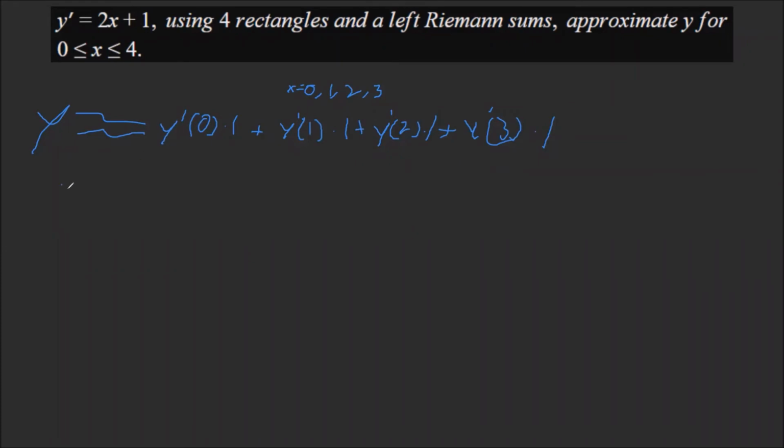So y prime of 0 is 1, plus 3, plus 5, plus 7. Okay, so y on the interval 0 to 4 is equal to 16 approximately, using a left Riemann sum and 4 rectangles.